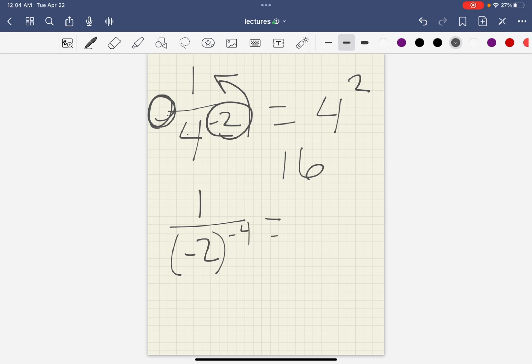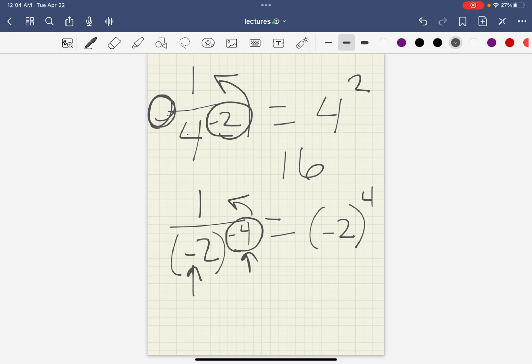Okay, and the next one is 1 over negative 2 to the negative 4 power. This negative 4 tells me this guy doesn't belong there. He's got to go upstairs. So instead, it's going to be negative 2 to the positive 4 power. Now, notice that the sign on the exponent is the only one that changes when you move it up. This sign does not change.